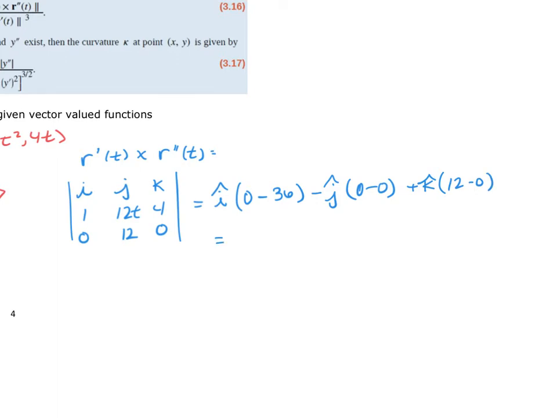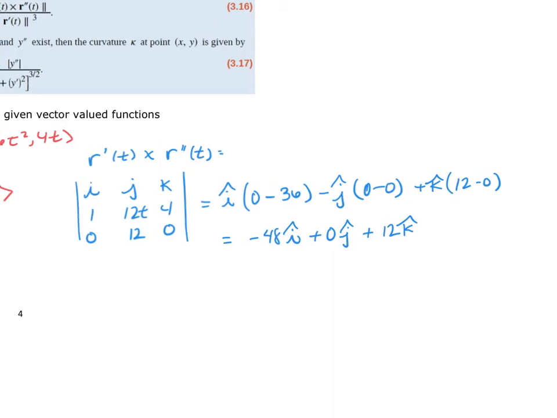And so I have negative 36 in the i direction, and then nothing in the j direction, so I can put plus 0 in the j direction if I'm inclined, and then plus 12 in the k direction. And it helps if I multiply right. 4 times 12 is not 36. 4 times 12 is 48.